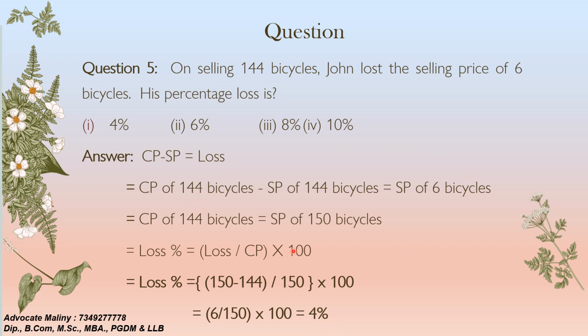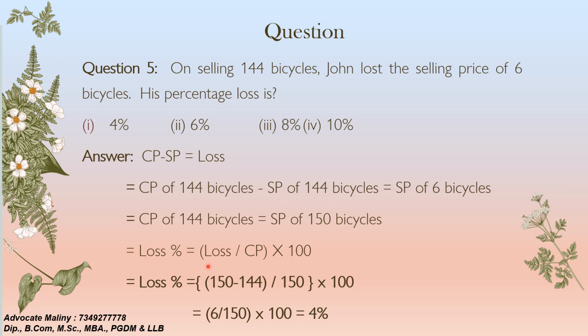Here what we have to remember is, we are using this formula, CP minus SP is equal to loss, and we are replacing it by whatever information we have in the question. CP of 144 bicycles minus SP of 144 bicycles is equal to SP of 6 bicycles. Then we are moving this here, which becomes plus. So 6 plus 144 is equal to 150 bicycles.